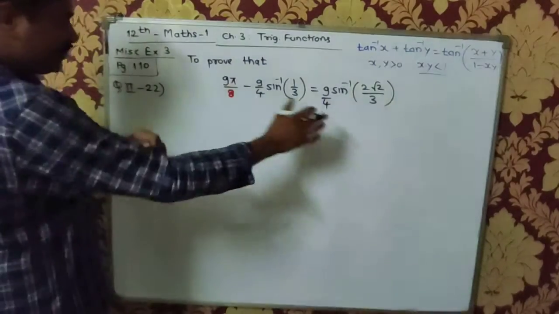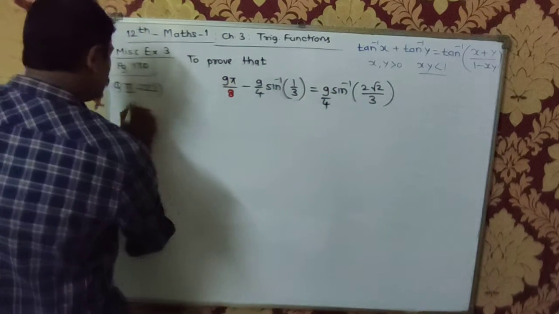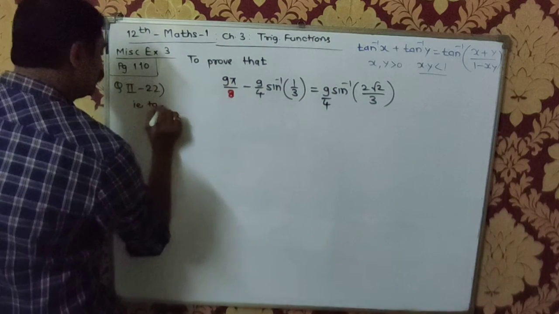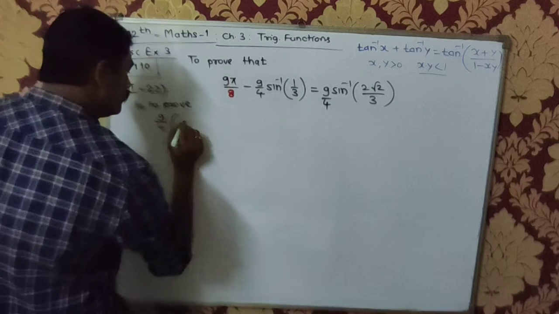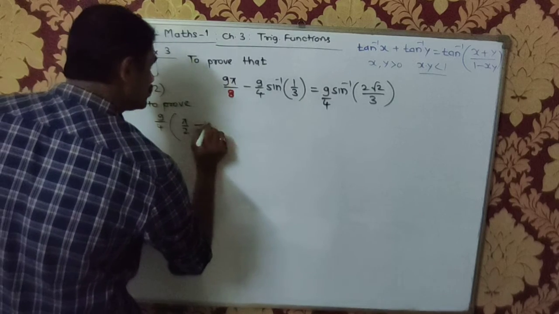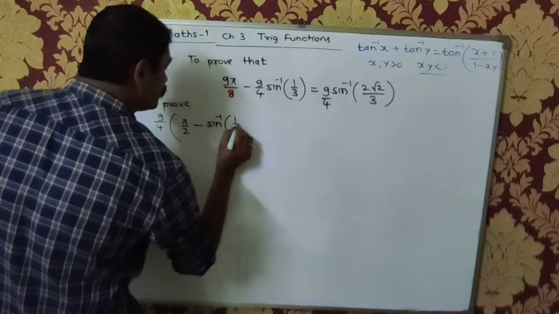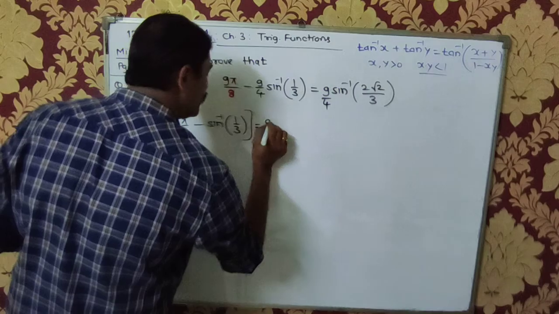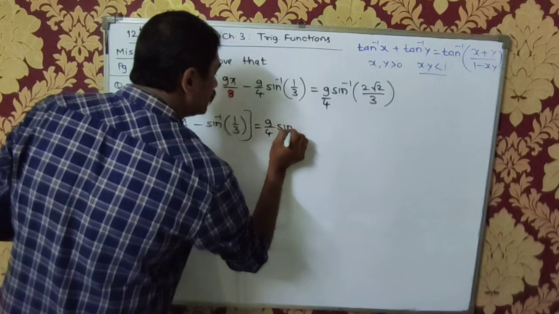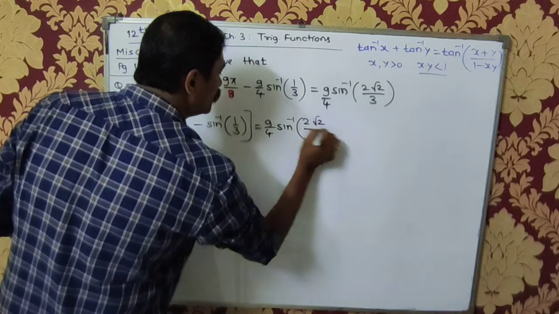So I'll change this problem. I'll take 9/4 common here. So I'll say that is to prove: I'll take 9/4 common. This will become pi by 2 minus sine inverse of 1 upon 3 is equal to 9/4 sine inverse of 2 root 2 upon 3.